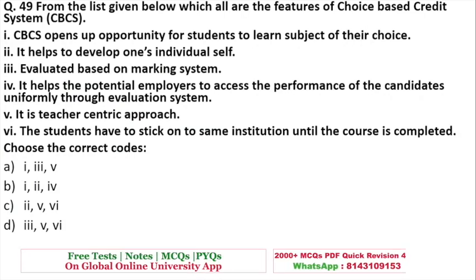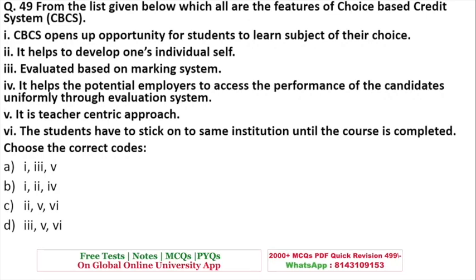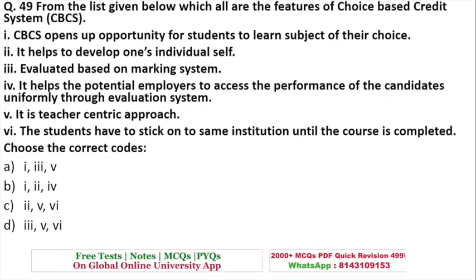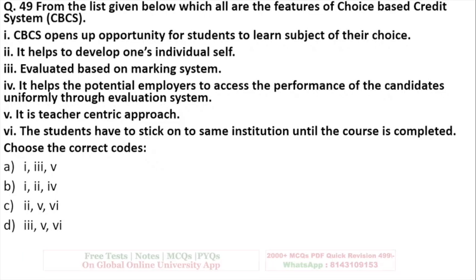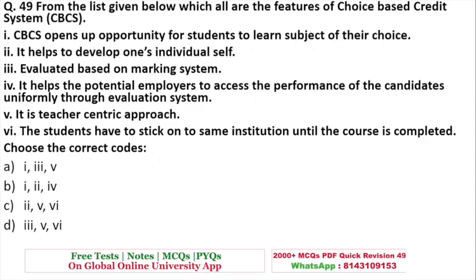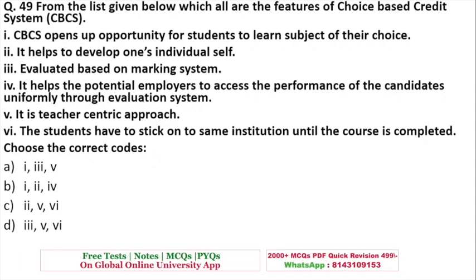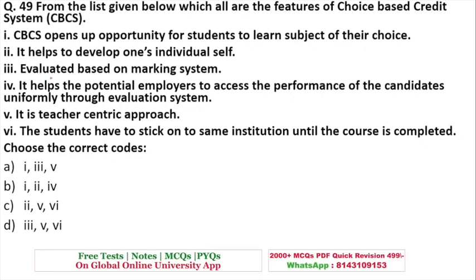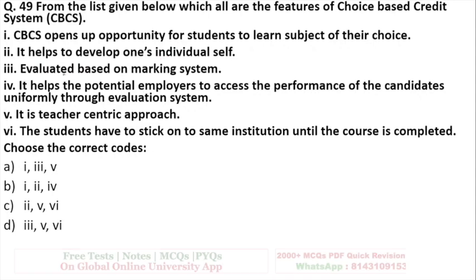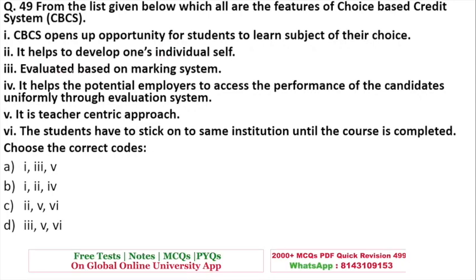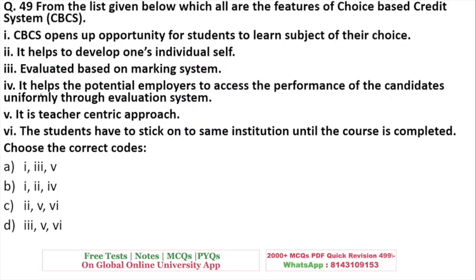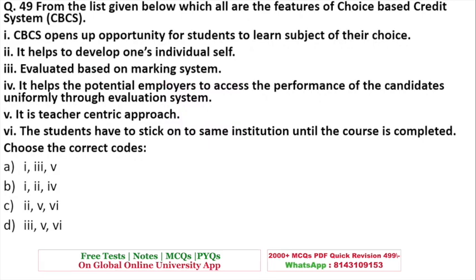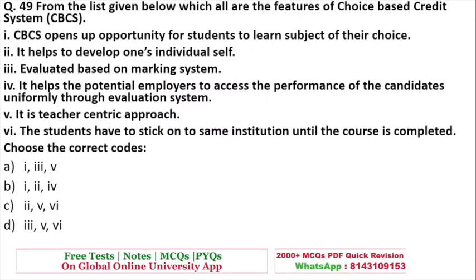From the list given below, which are the features of CBCS, choice based credit system, which has been started by UGC? CBCS opens an opportunity for students to learn subjects of their own choice, helps to develop one's individual self, and is evaluated based on a marking system. It helps potential employers to assess the performance of the candidates. It is a teacher centric approach?